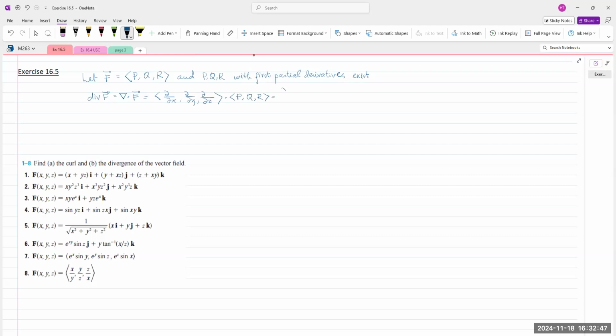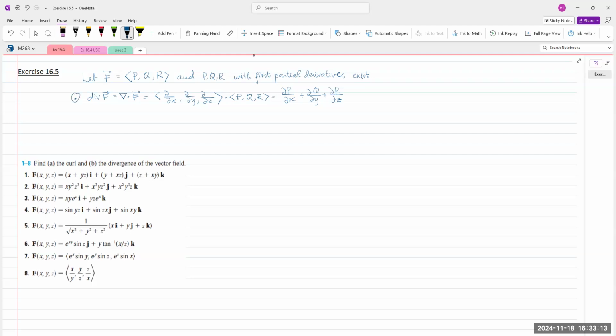That is the partial of P with respect to x plus the partial of Q with respect to y plus the partial of R with respect to z. So it's the sum of the partial derivative of each component with respect to its position. Okay, that's for the divergence of F.